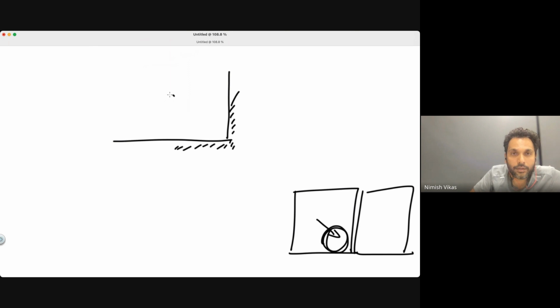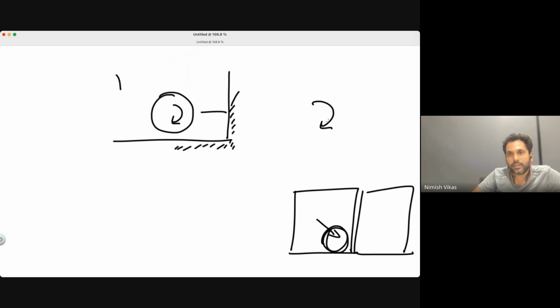There is a ball thrown with a certain omega. There's an impact and it will come back and you have to find out. This is a question which I'm going to do next class, but if you want to give it a try, you can do it. This was the question for today. Just before this question will be a similar question where you have spun something and thrown it on the ground. Obviously, omega and v are not matching. V is not equal to omega r.